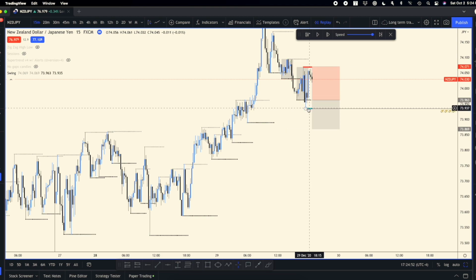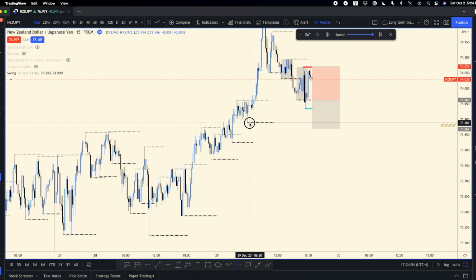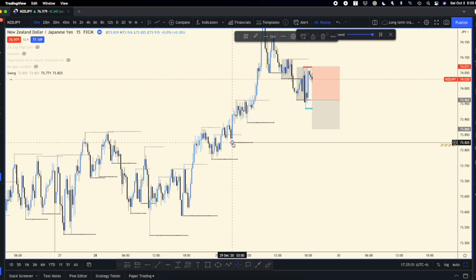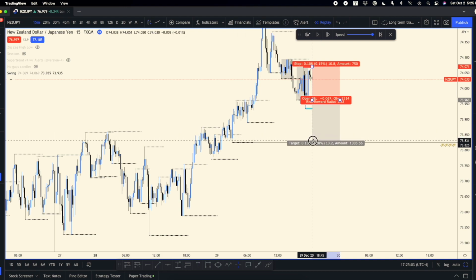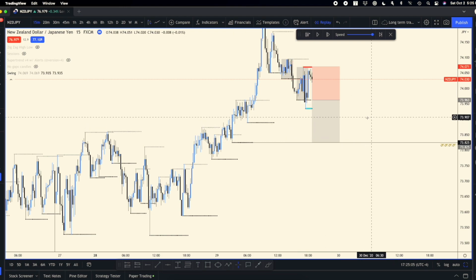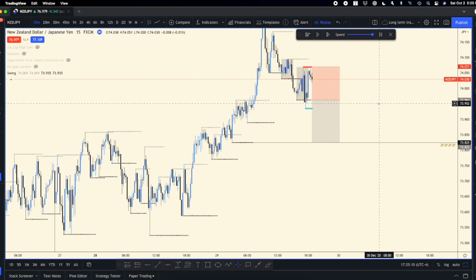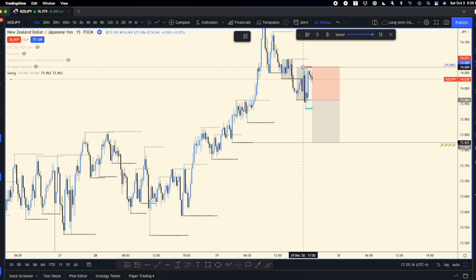So where would you target? Let's target, I mean, really, you'll be targeting like these liquidity points, but let's just target this one right now. So risking 10 pips to make 13 on a sell stop, right? And theoretically, I shouldn't even say theoretically, technically.